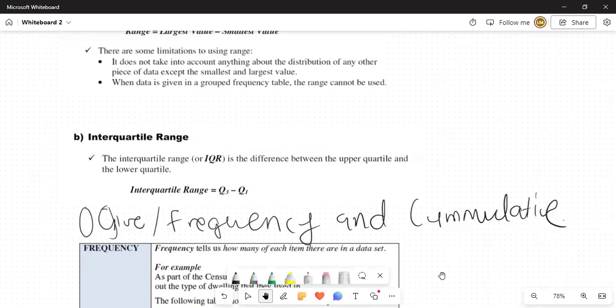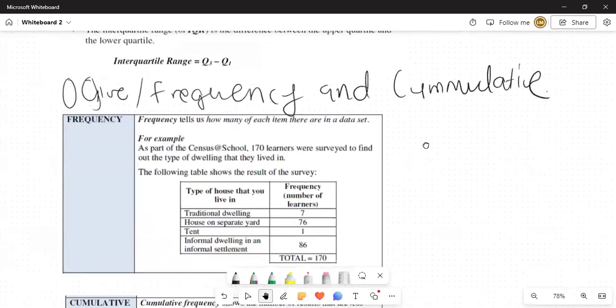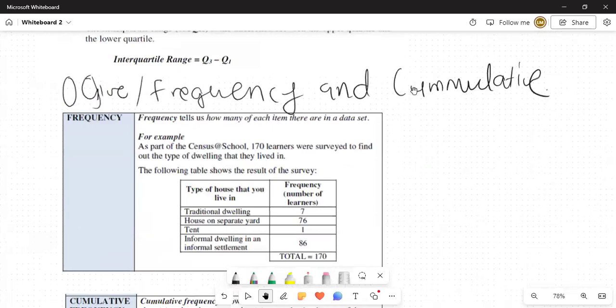The next thing we focus on is your ogive, frequency, and your cumulative graphs. So your frequency tells us how many items are in the data. Here's an example.